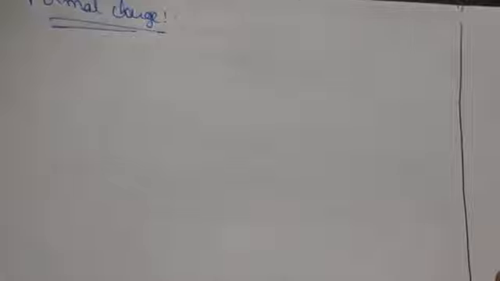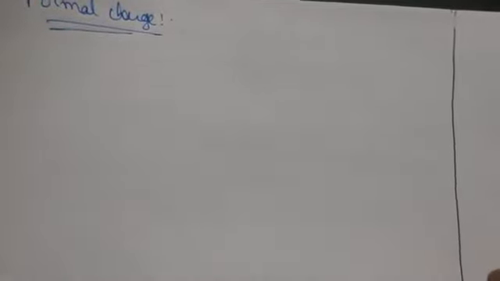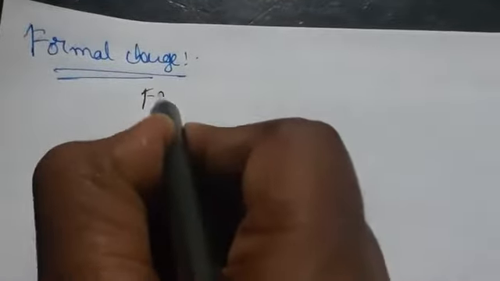The formal charge of an atom in a polyatomic molecule or ion is the difference, meaning subtracting, between the number of valence electrons in the free atom, the number of unshared electrons on the atom, and the number of bonds around the atom. So this is what we are going to discuss here. What is the formal charge?